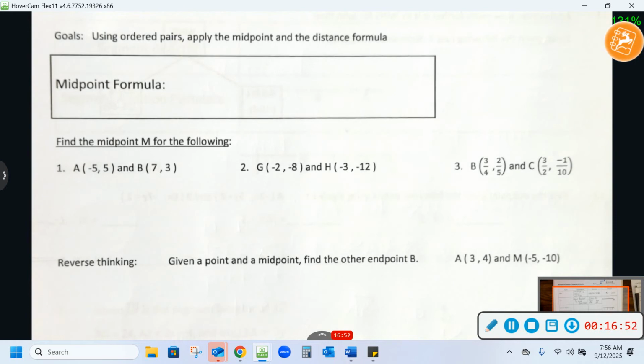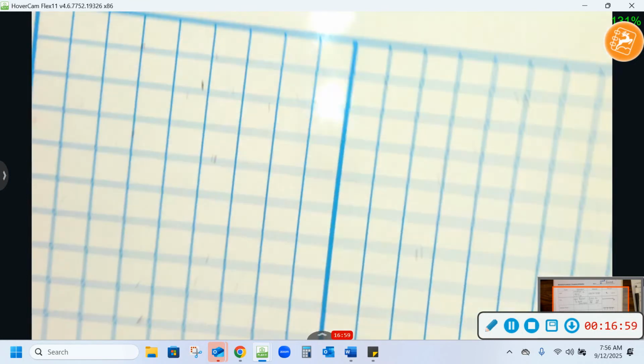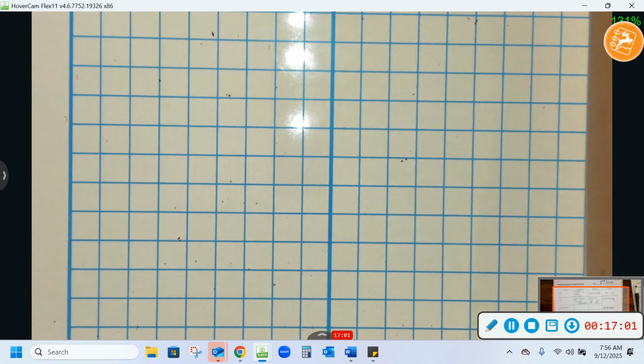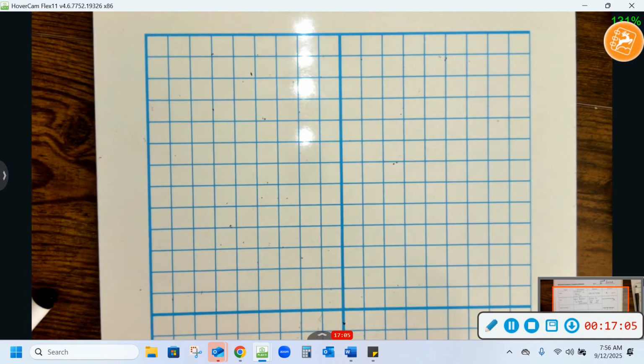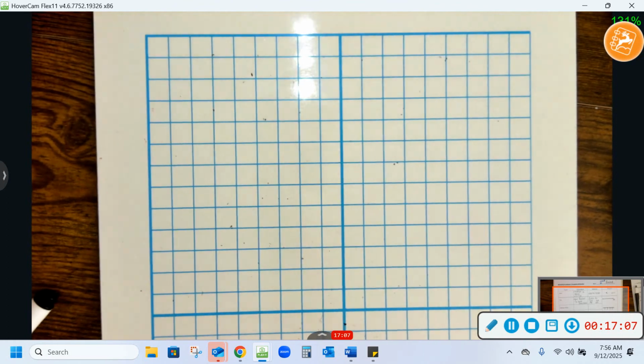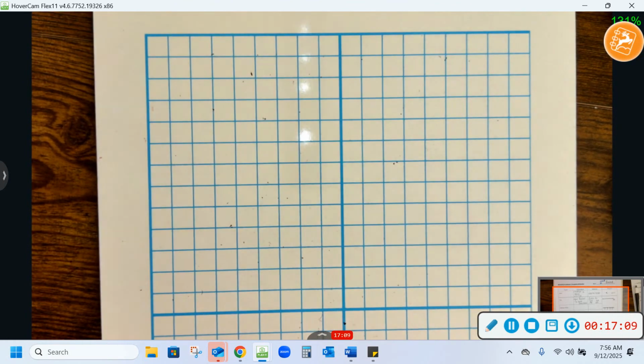We're going to use these now. So find these in the middle, find a marker, find an eraser. Okay.